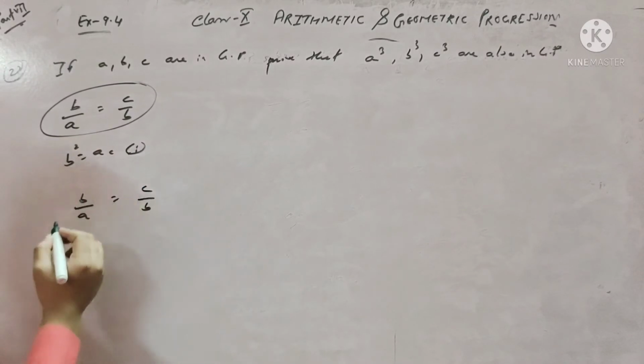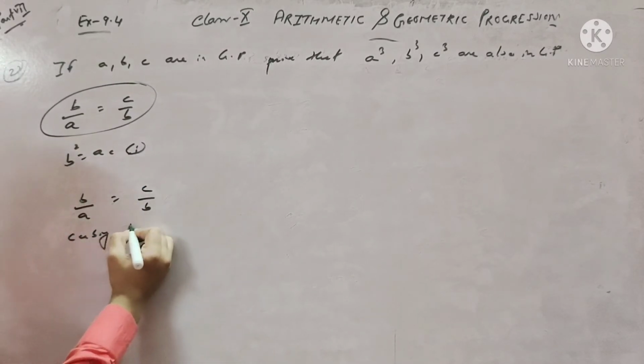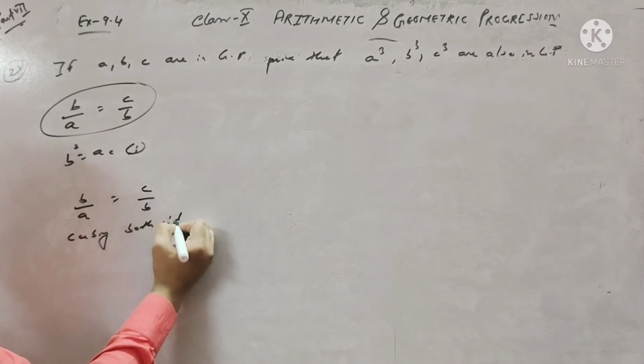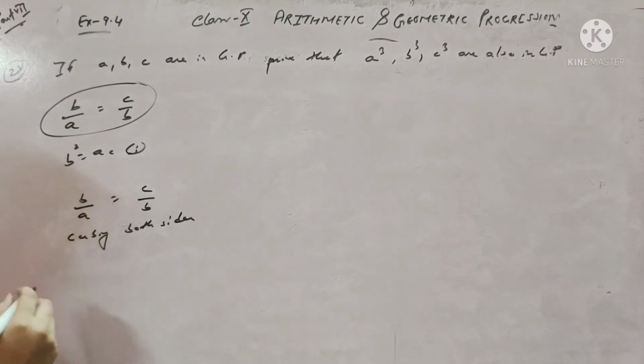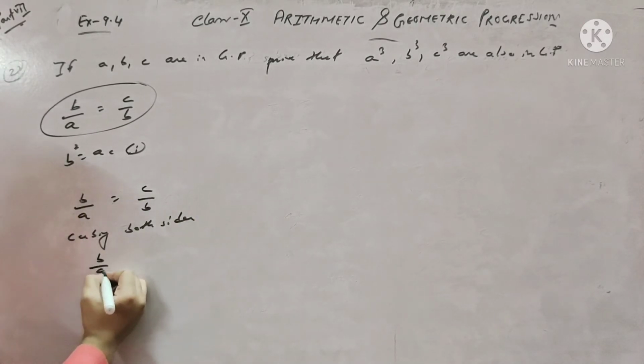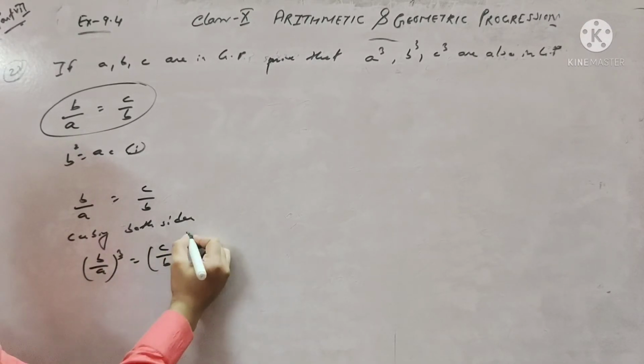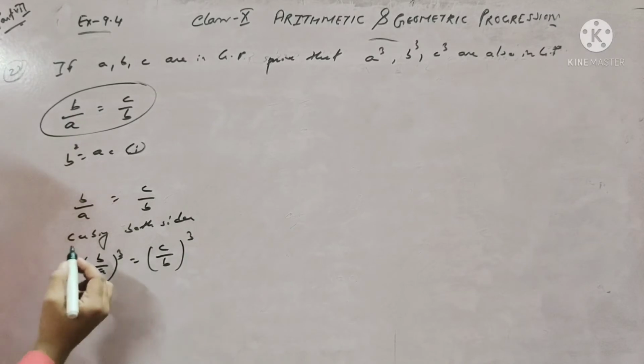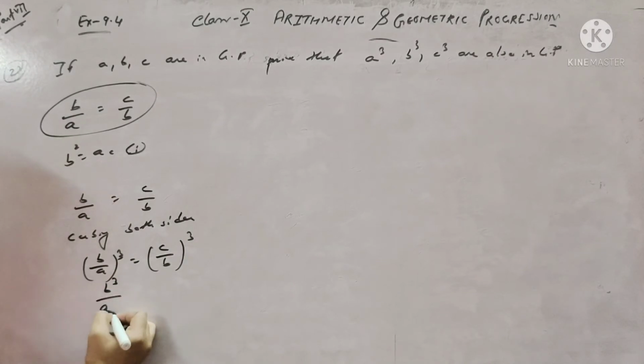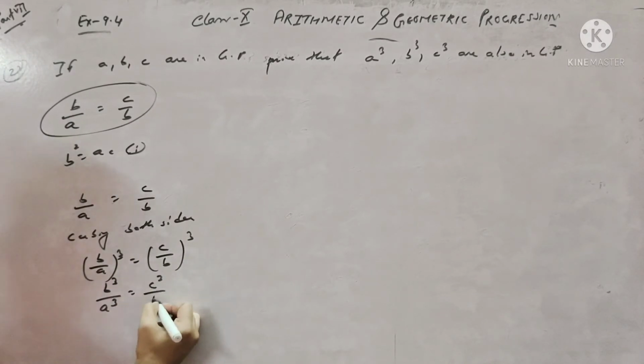b by a equals c by b, cubing both sides. When we cube both sides, we get b by a to the power cube, and c by b to the power cube. So b cube by a cube equals c cube by b cube.